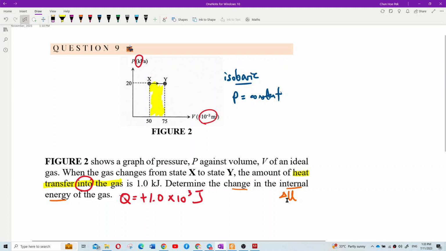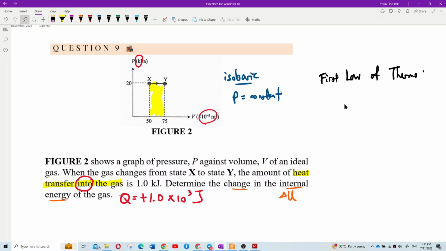So how to do this? Using your first law of thermodynamics. First law of thermodynamics is delta U equal to Q minus W.